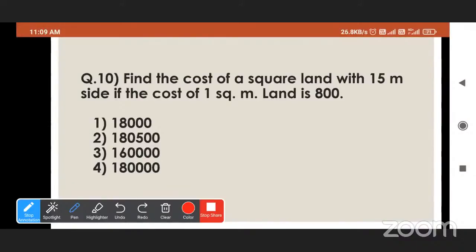See, a side is given, that is 15 meters. Area is side multiplied by side, and side is 15 meters. So 15 multiplied by 15. Do the multiplication and tell me the answer. 15 multiplied by 15, we will get.